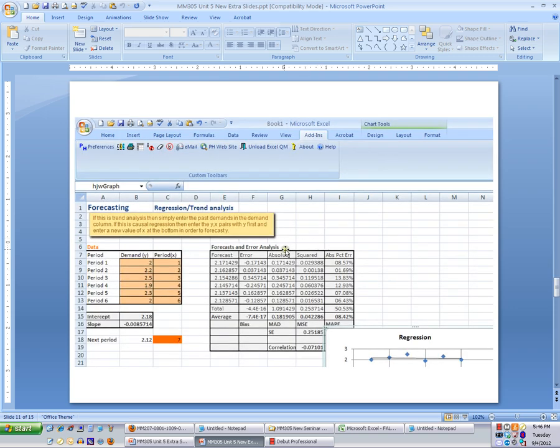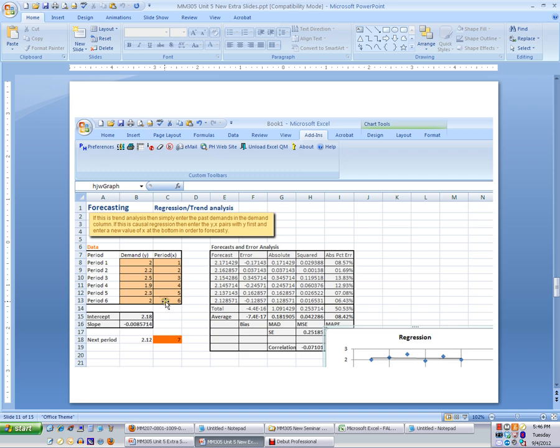For this data input, you are given the space to enter your six periods of data. You can also label your 6 periods 1, 2, 3, 4, 5, 6 if that's what you want. Some other uses may be to label the different years, or maybe different quarters and things like that.